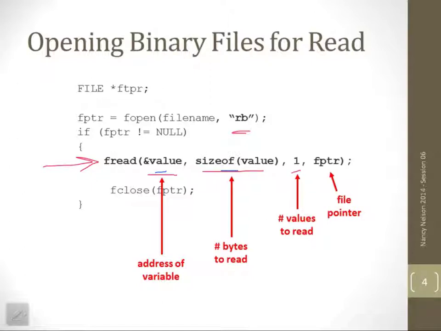Then we identify how many of this type of variable we're going to read. Often that's just one. We'll read things one at a time from the file. But there is the option to read 6 structures at the same time, for example. Finally, we have to identify the file that we're working with. So here we're back to our file pointer.